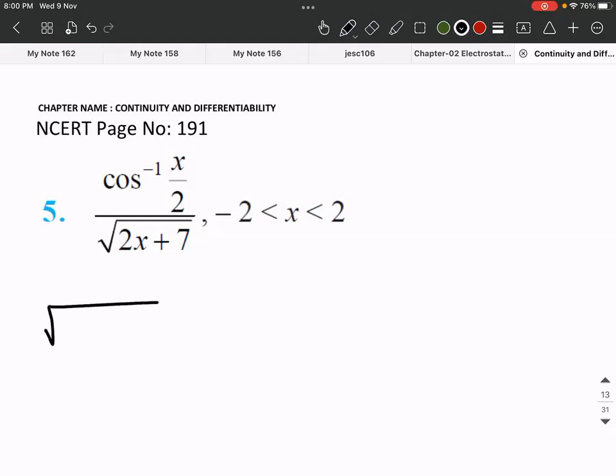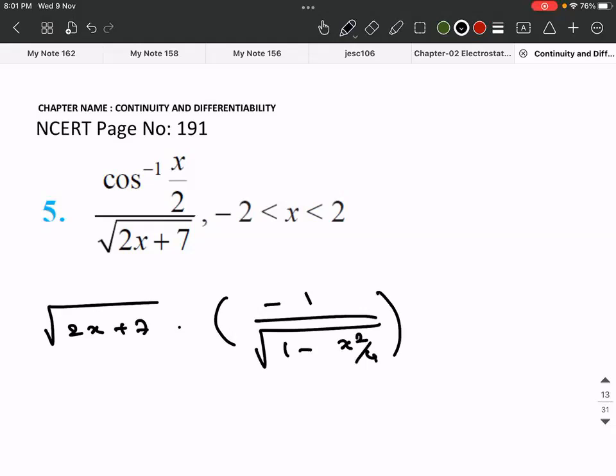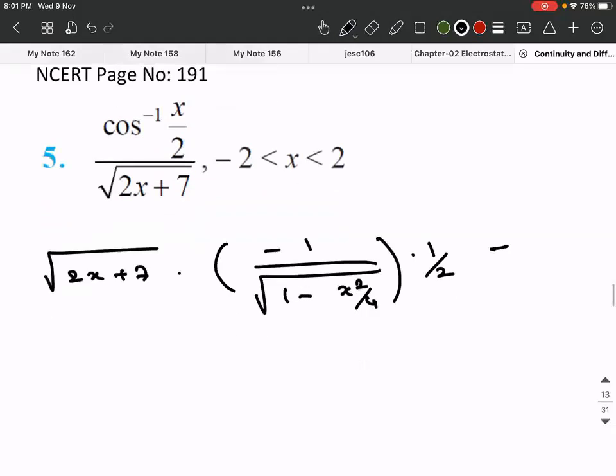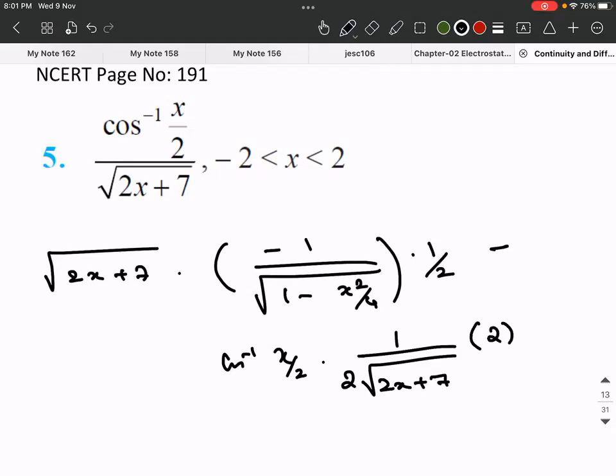So it is going to be root of 2x plus 7 into derivative of cos inverse, which is minus 1 by root of 1 minus x square into half, minus cos inverse of x by 2 into derivative of 1 by root of 2x plus 7, which is 1 by 2 root of 2x plus 7 into derivative of 2x, which is 2.